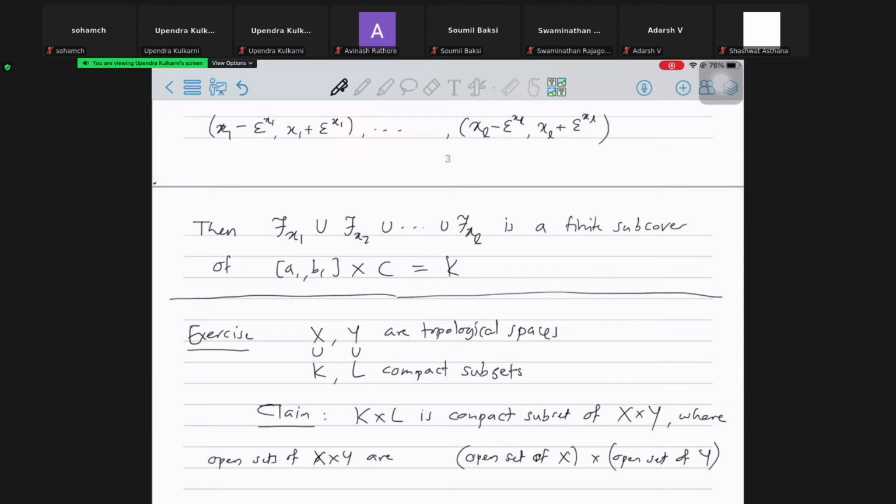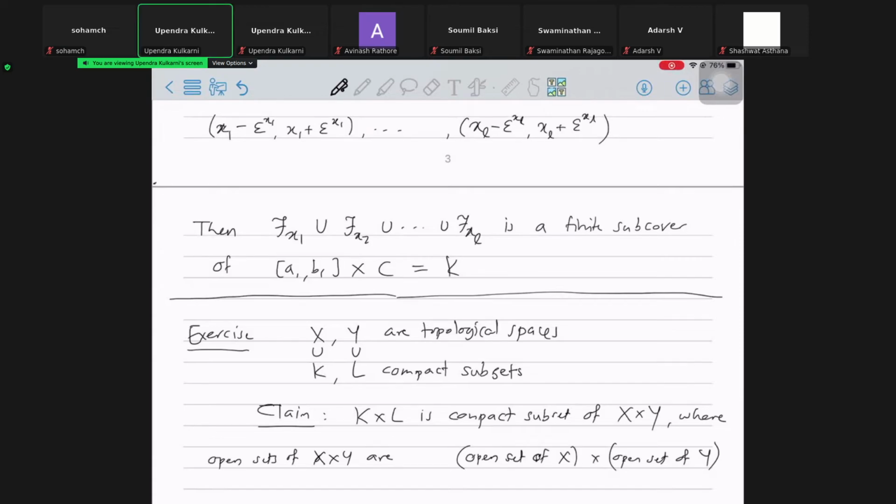Is this collection closed under finite intersection? So U1 cross V1 intersection U2 cross V2. What is that? So U1 intersection U2 cross V1 intersection V2.